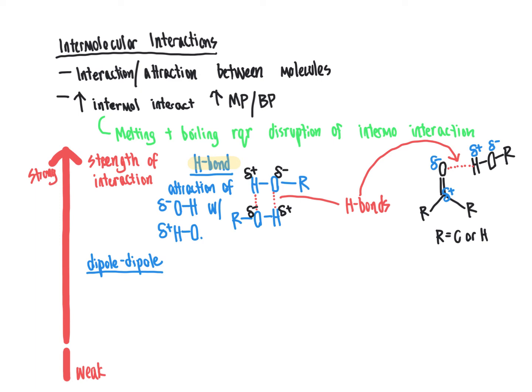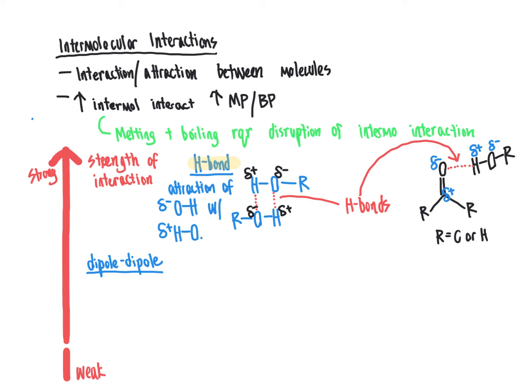Dipole-dipole is really anything else where we have bonds where the electrons aren't completely equally shared, and as a result of the polarity difference between the atoms being less than in the case of an OH group or NH group for hydrogen bonding, what we find is that dipole-dipole interactions are weaker than hydrogen bonds.